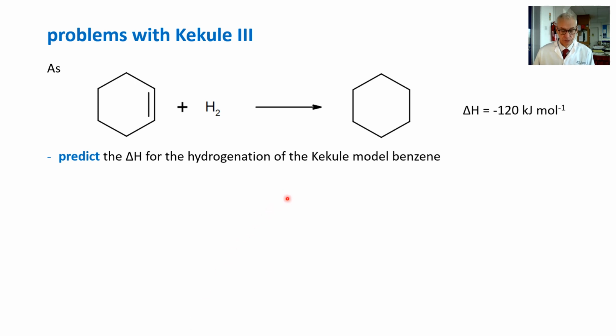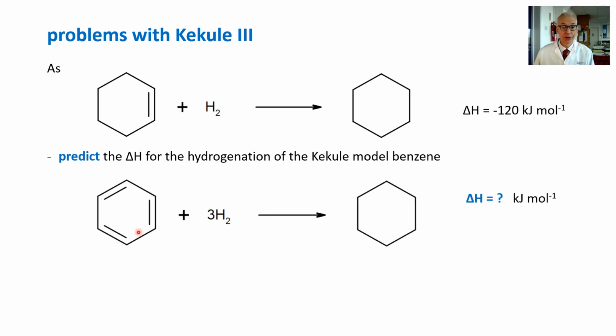So, hopefully you have thought this through and realized that benzene, according to the Kekule model, has 3 double bonds. So in the case of an addition reaction, it would react with 3 molecules of hydrogen to form the same product as for the hydrogenation of cyclohexene.